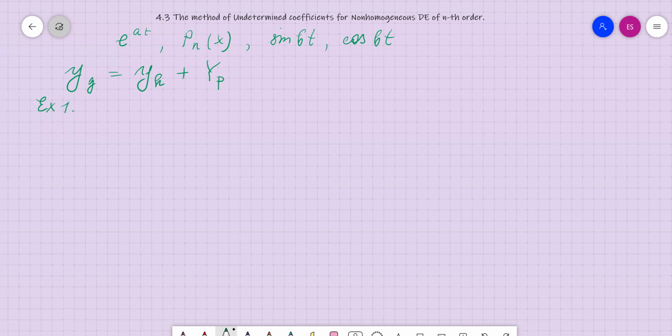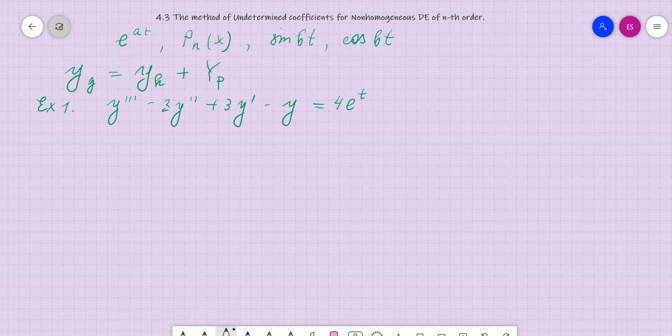And example number 1 is the third derivative of y minus 3y second derivative plus 3y first derivative minus y equals 4e to the power of t. I'm choosing the simplest non-homogeneous right side, which is just an exponential function multiplied by some coefficient, like 4, it can be any number actually, right?